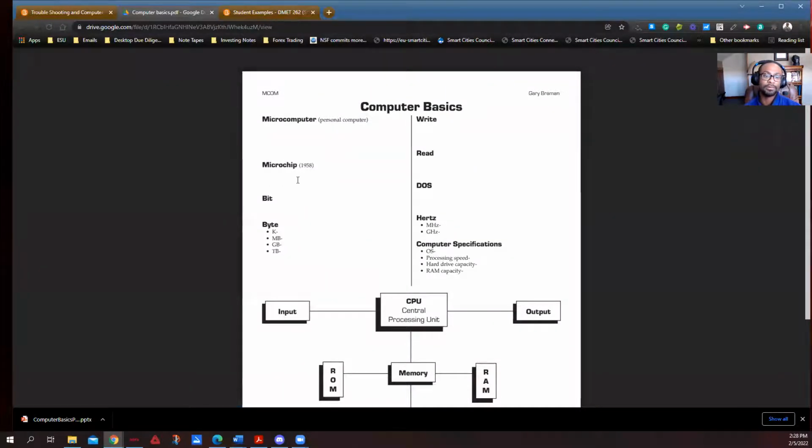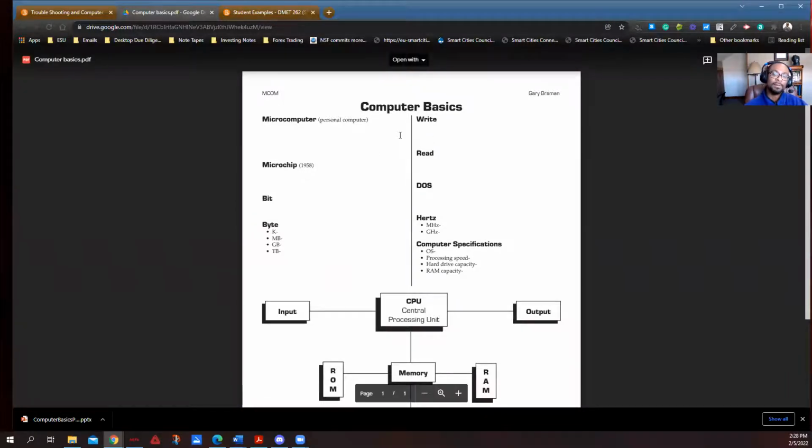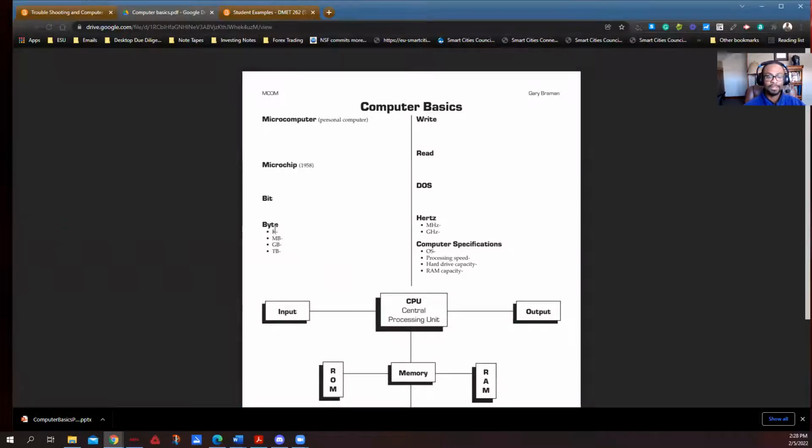Okay, you got a microcomputer, microchip back in 1958, way back. I know this is a little history lesson, that's all. You used to write and read in the DOS, and the bytes, these are sizes of data. You have your kilobyte, your megabyte, your gigabyte, your terabyte. Hertz helps push the speed of the processing unit.